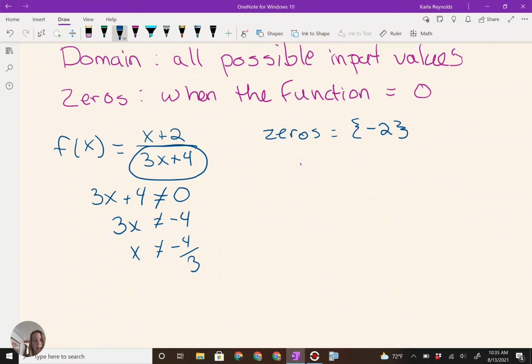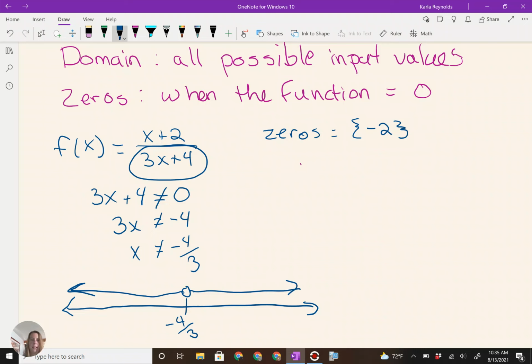So what I'm saying on a number line here, if we're talking the real number system, if this is negative 4/3, I can't be 4/3, but I can be everything below it and everything above it. And I like to write my domain in interval notation.